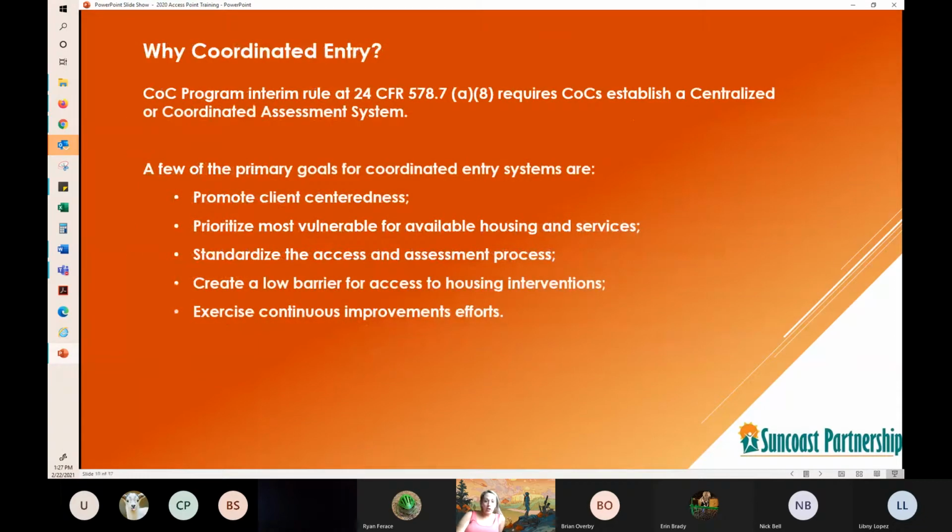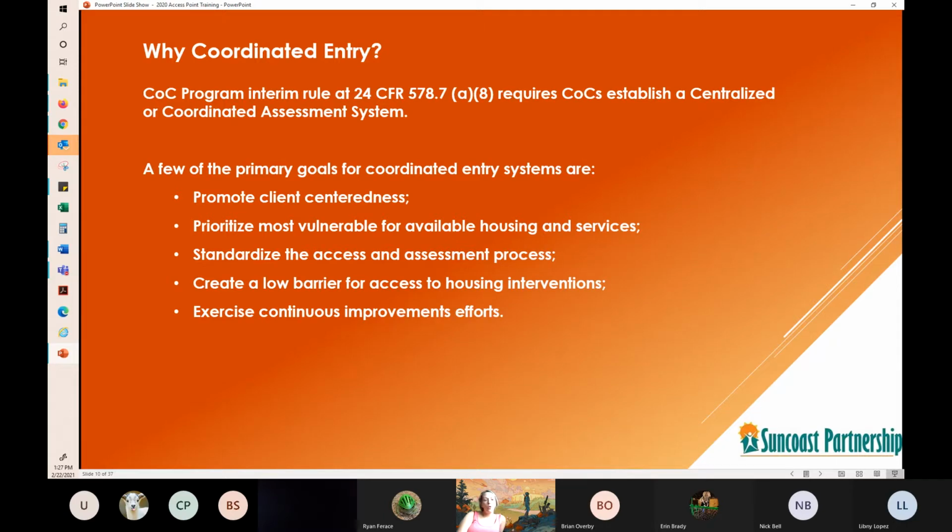So why coordinated entry? Well, all of this pretty much exists because HUD told us to. Back in 2014, a CoC program interim rule was created for CoCs to establish a centralized or coordinated assessment system.